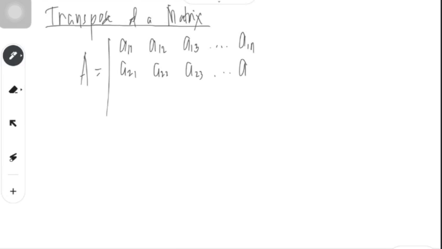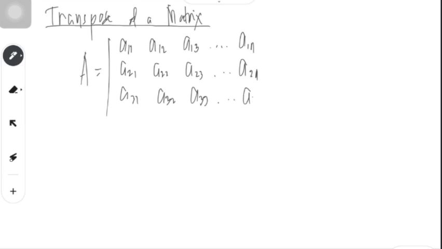This is the general form of a matrix. A2n, then A31, A32, A33, A3n. Or we have here Am row: Am1, Am2, Am3, and this is an m by n matrix.